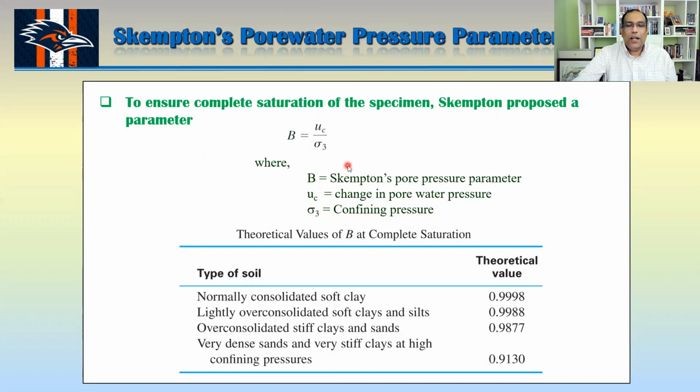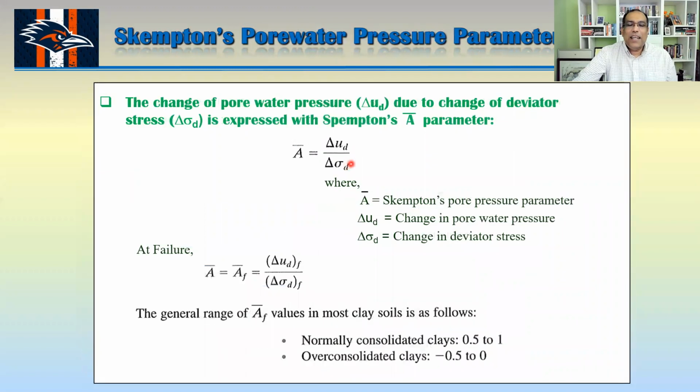Skempton also has another pore water pressure parameter, A bar, which is basically the ratio of pore water pressure to deviator stress. So this one is applicable in the second stage when you apply the deviator stress. The B parameter applies when you apply the confining stress. Okay, so B is for confining stress, A is for deviator stress.